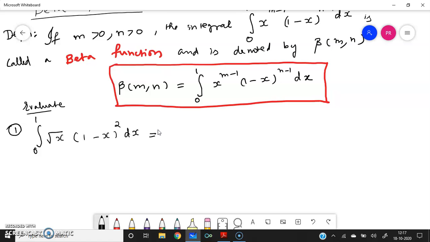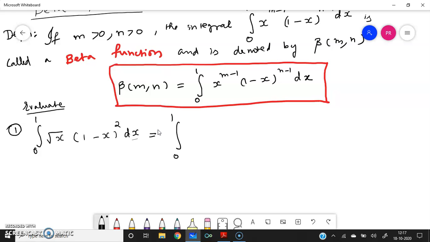So we have to reduce this into the known form, the integral from 0 to 1 of x to the power of m minus 1, times (1 minus x) to the power of n minus 1, dx. It can be done easily.